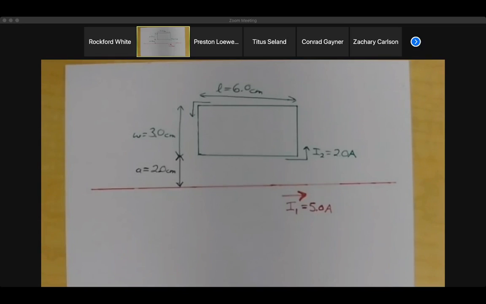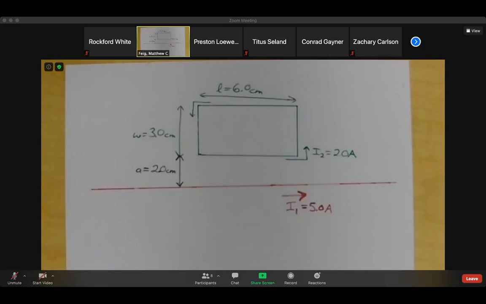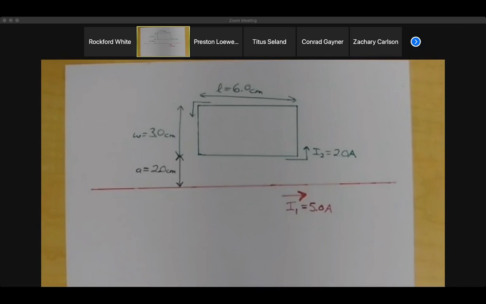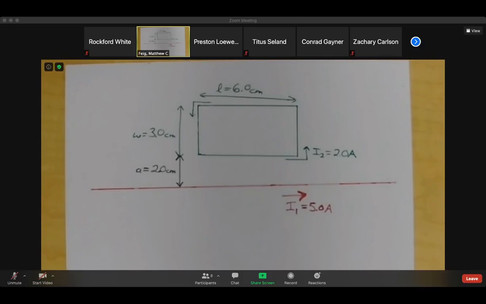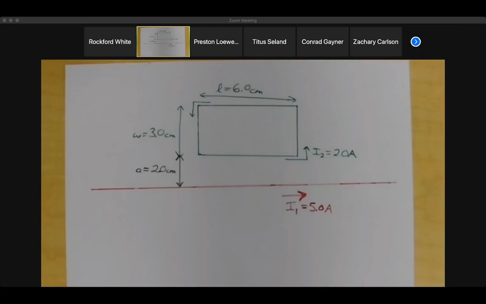Or we could look up a formula, which would probably only be an approximation, unless you had a formula for the magnetic field of a rectangular loop. But what you'd actually find is probably a formula for a magnetic dipole, and then you'd approximate the loop as a perfect dipole. It's not a perfect dipole if it's got a physical size to it. It's a perfect dipole if it's a really, really small loop. And then we talk about things like area times current times number of wrappings. Anyways, we definitely are going to think of this as the source.